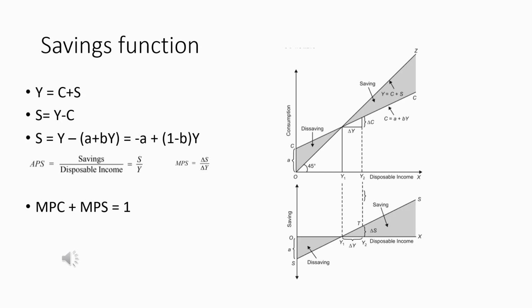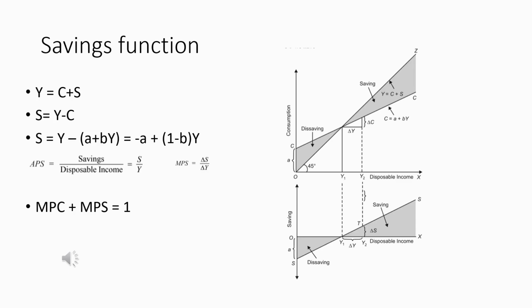Let us now understand the savings function. As mentioned during the consumption function, consumption increases as income increases, but less than the rise in income. Let us now understand what happens to savings when income increases. Saving is defined as the part of income which is not consumed, because disposable income is either consumed or saved.